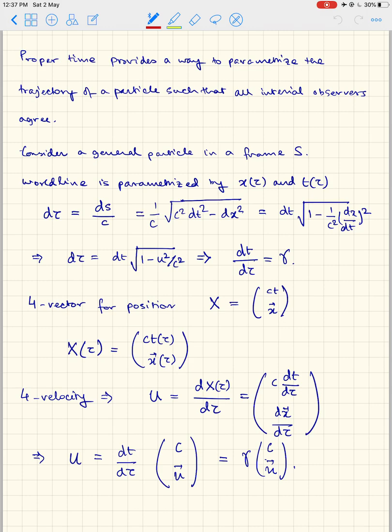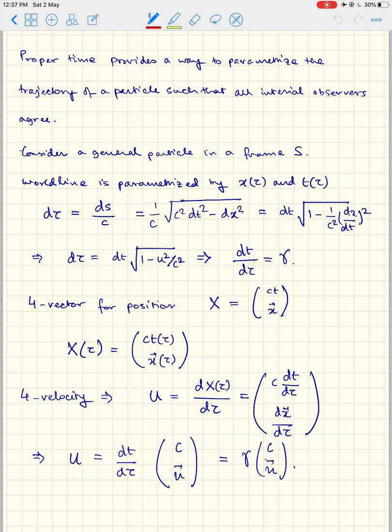Now let's look at another frame S, which is moving with a speed u with respect to S prime. And what we are going to do is parameterize the x and t coordinates in the frame S by our proper time tau. So del tau is given by ds by c, and ds is just the square root of c squared dt squared minus dx squared. We have just dropped y's and z's.